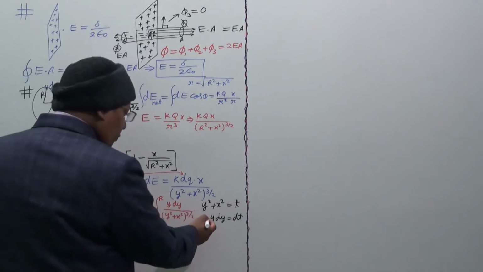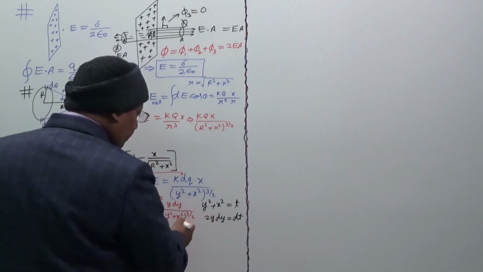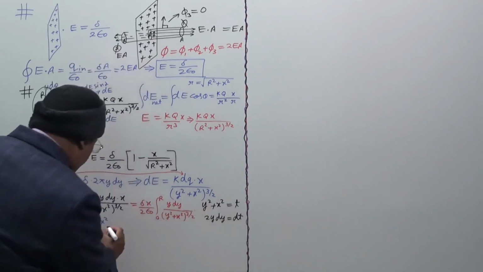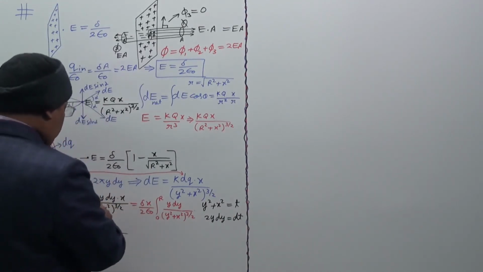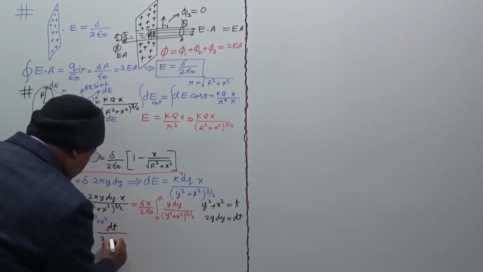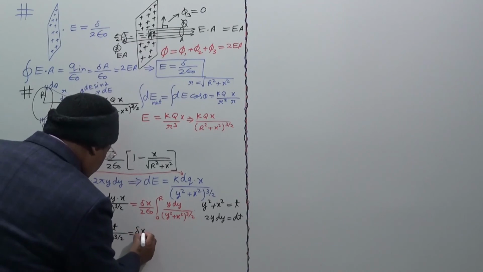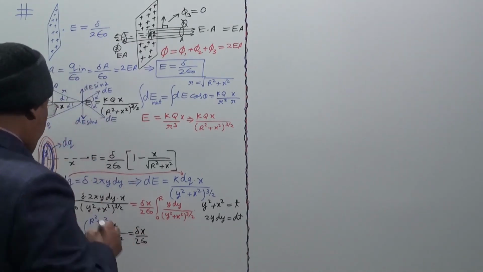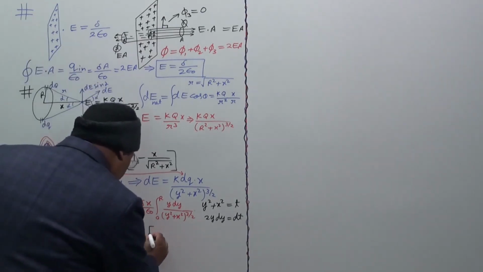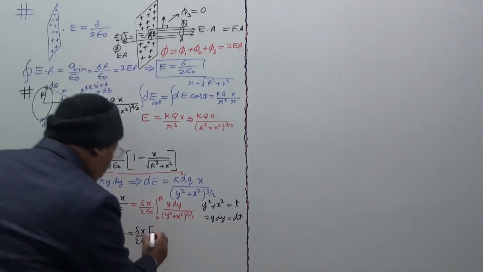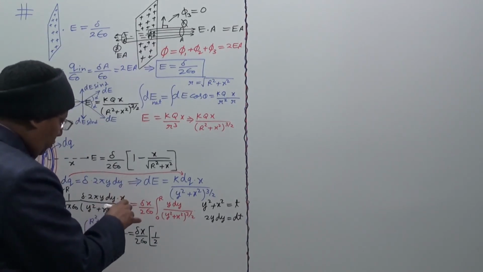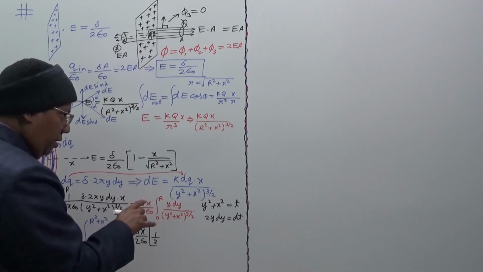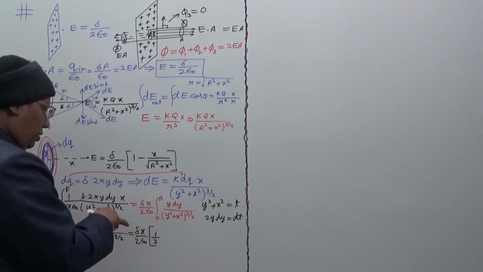So you can put here in place of y dy, dt by 2, and in place of (y square plus x square) power 3 by 2, t power 3 by 2, is equal to small sigma x upon 2 epsilon naught, and the integral will become 1 by 2, t power minus 3 by 2 plus 1, means minus 1 by 2 in power, and in division also minus 1 by 2.